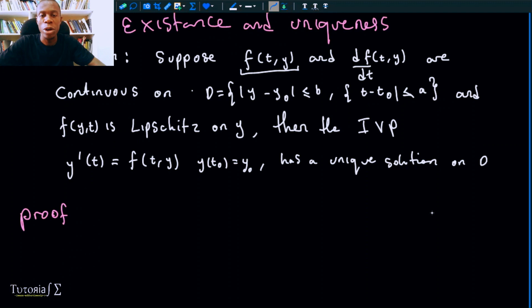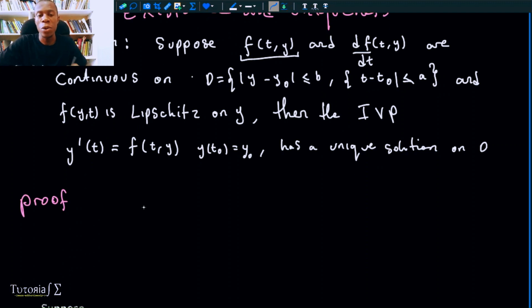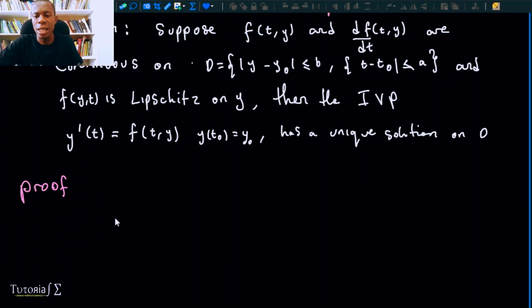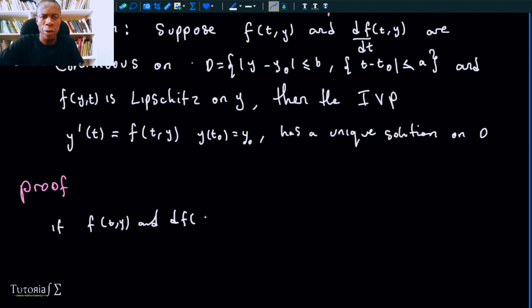So that is the theorem, and what we just need to show are a few things. That is, if f(t, y) and ∂f/∂y are continuous, then f is Lipschitz.